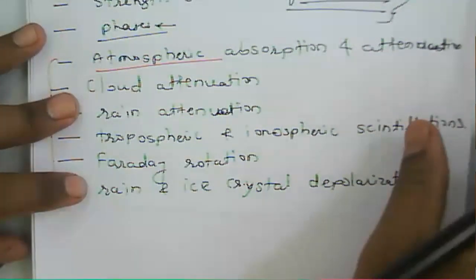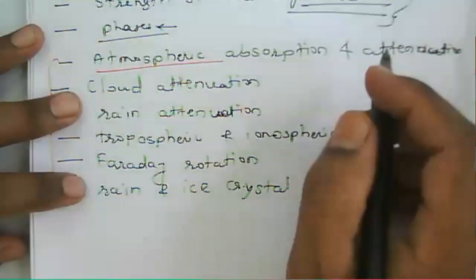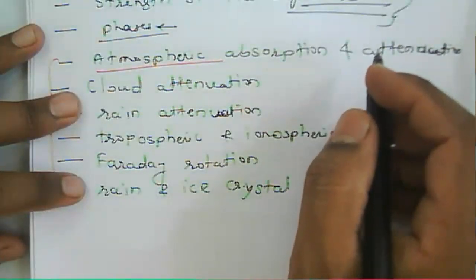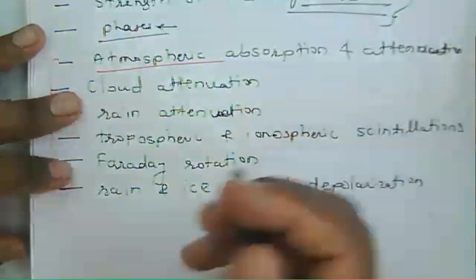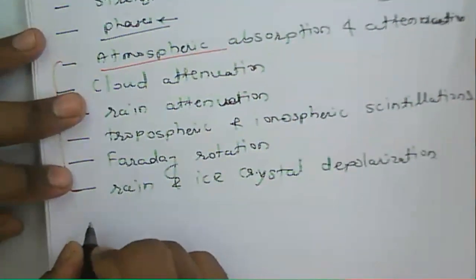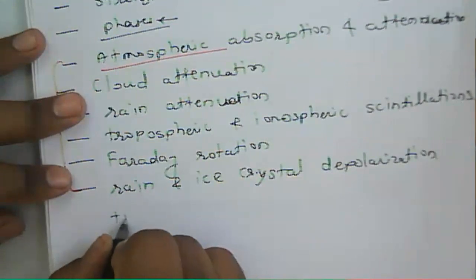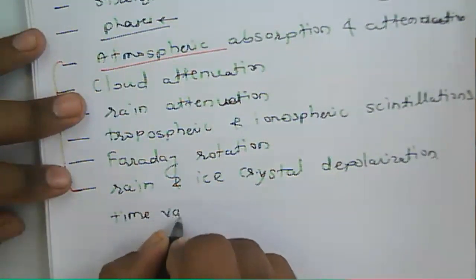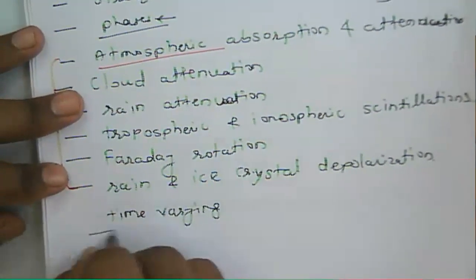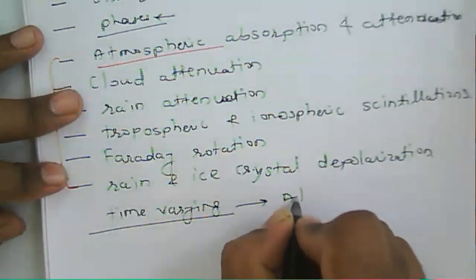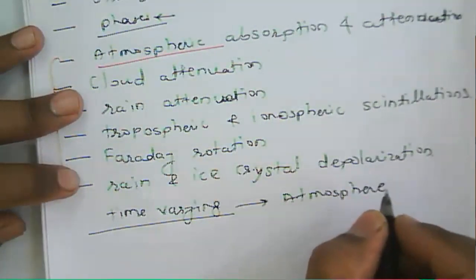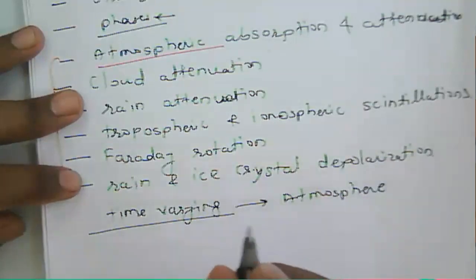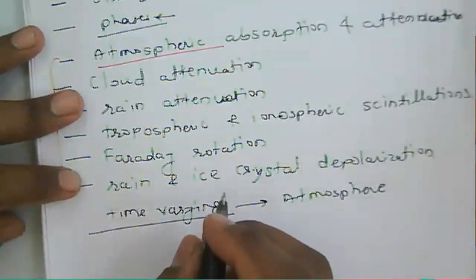And then again, atmospheric condition changes in a day or a night. So atmospheric condition is a time varying condition. Okay, so atmospheric conditions are time varying.